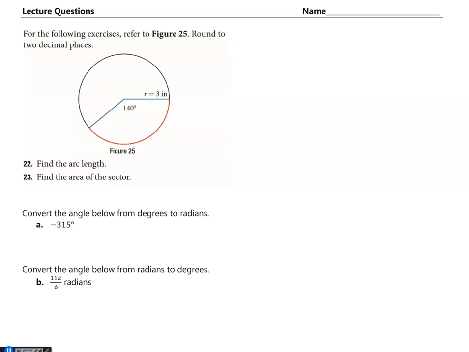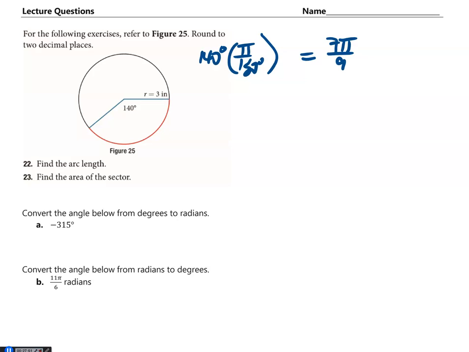First, let's convert 140 degrees into radians. We multiply this by pi over 180 degrees, and 140 over 180 is 14 over 18, both divisible by 2, so 7 pi over 9.